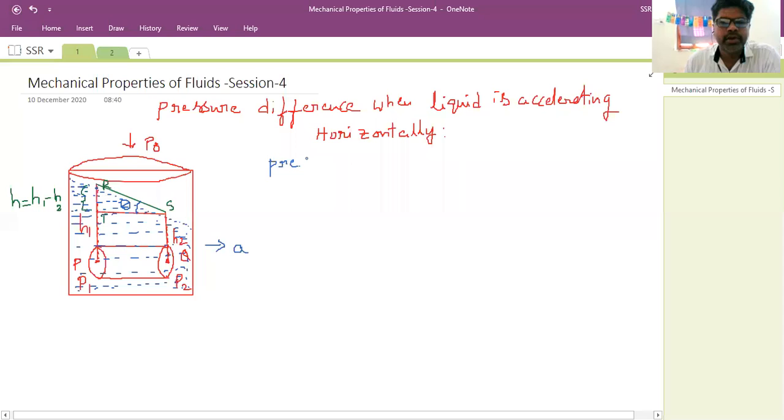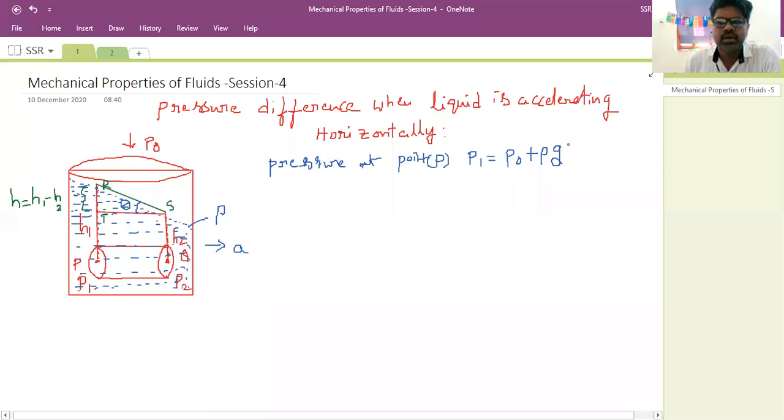P1 is equal to P naught, the atmospheric pressure, plus, let us say the density of this fluid is rho, rho g times the depth of this liquid from the free surface, H1.